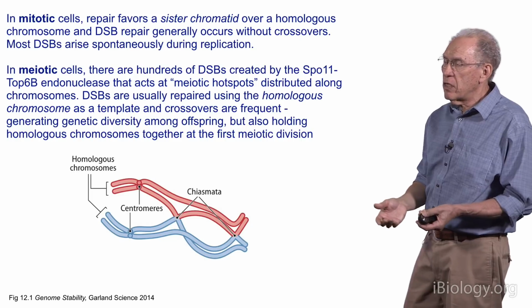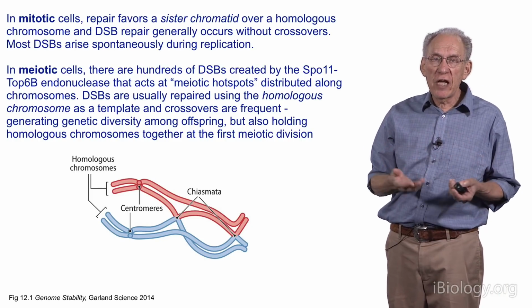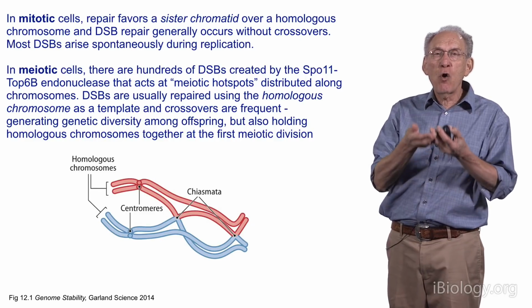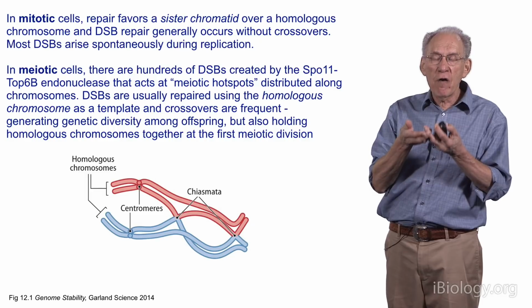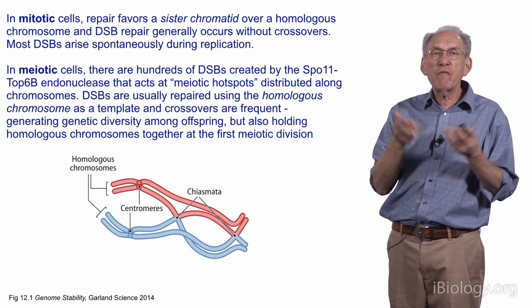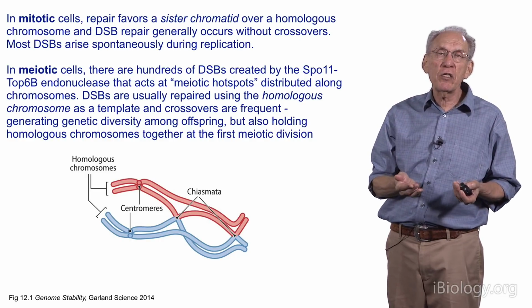In meiosis, crossovers are, of course, desirable to generate genetic diversity, but it turns out also that crossovers are necessary to hold these pairs of homologous chromosomes together for proper chromosome segregation. If there's no crossing over, there is what is known as first division non-disjunction.